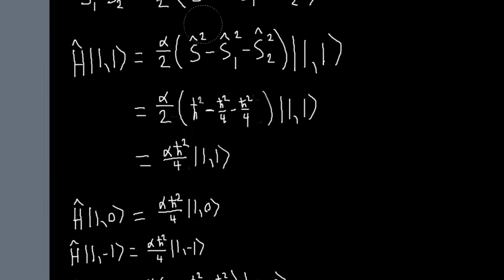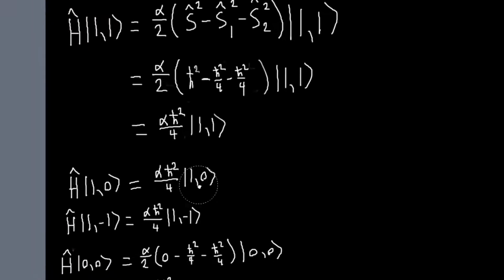It only depends on the total spin of the system and the spin of the individual components, which is the same for each of these states. So we would expect to get the same eigenvalue. And again, this is exactly what we found before. All three of these states did have eigenvalue alpha h bar squared over 4, which we called alpha prime last time.